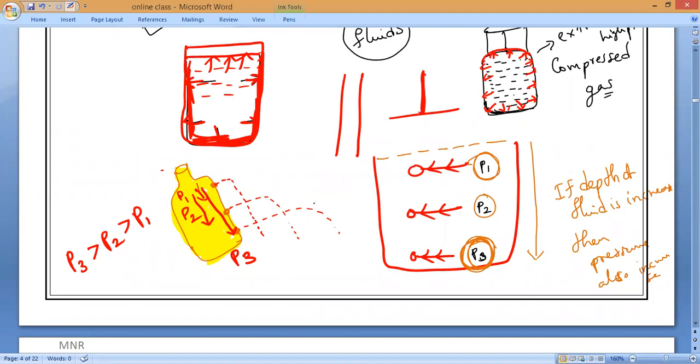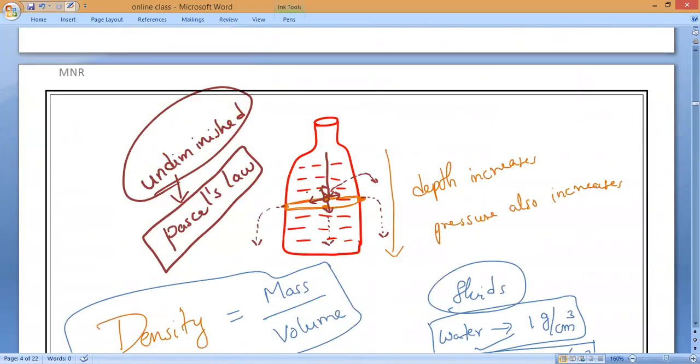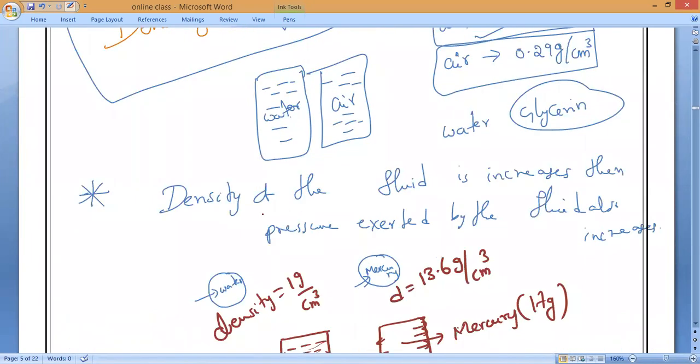Next, fourth point. If the density of a fluid is greater, then the pressure exerted by the fluid will be higher.